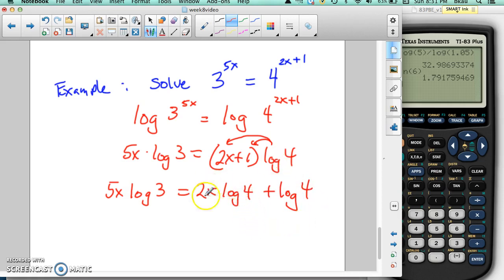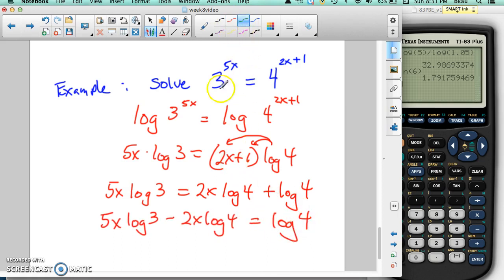Now I'm going to put this x value and this x value on the same side together, 5x log 3 minus 2x log 4. When we subtract, we subtract this 2x log 4 from both sides, and we'll get this.